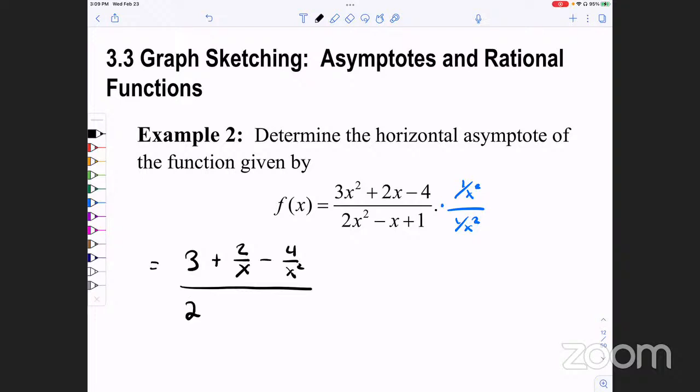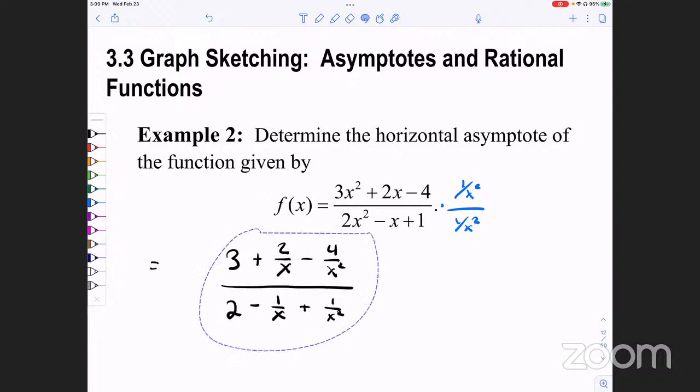Later, we have a 2 minus 1 over x squared, right? So then with this, if we consider the limit as x goes to positive infinity, to the far right, as x goes up to the far right, this term goes to 0, this term goes to 0.